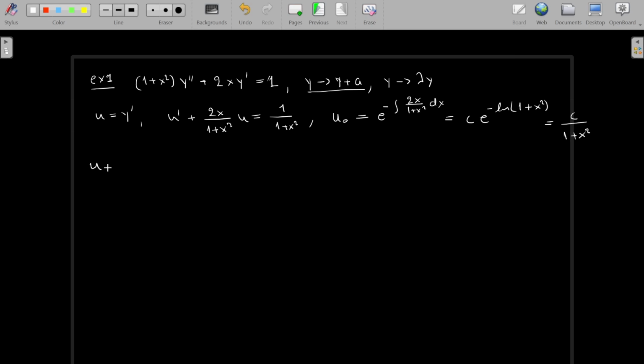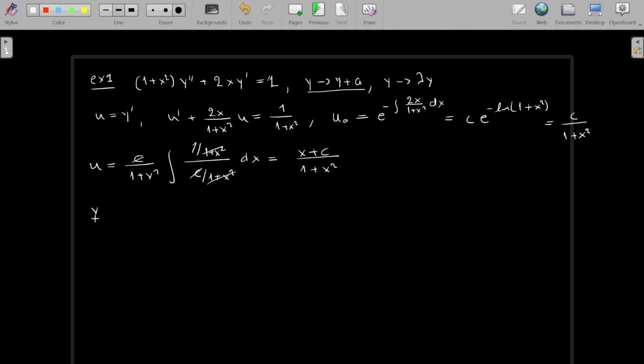Now, u is u naught times the integral of r over u naught, this is r, 1 over 1 plus x squared, over 1 plus x squared dx. So finally, we get this goes away, this goes away, so also this goes away, right? So you only get a constant, so x plus a constant over this guy.